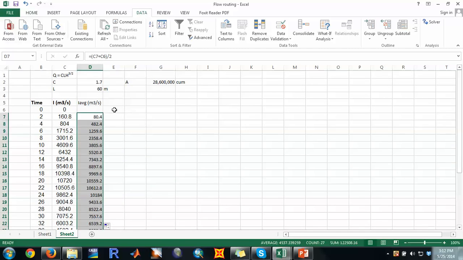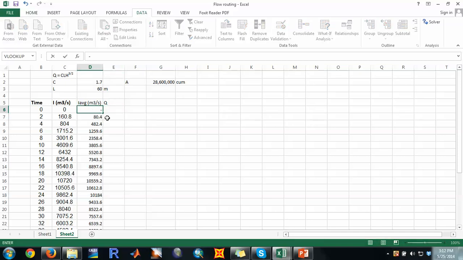Then you have to find the outflow discharge Q. For the first time step, we can just skip that. Q is in cubic meters per second, and the equation given here will help us calculate that.